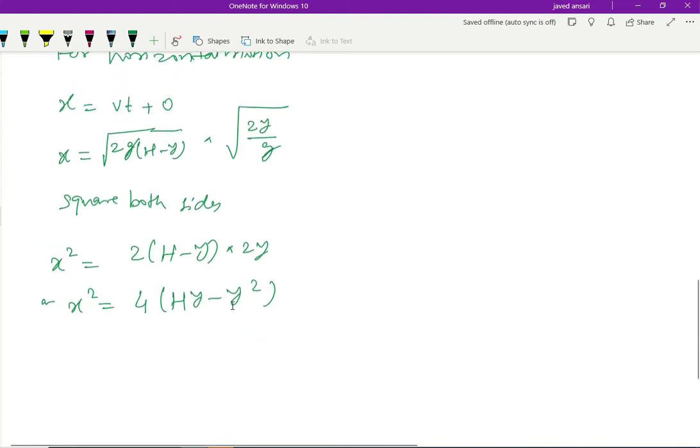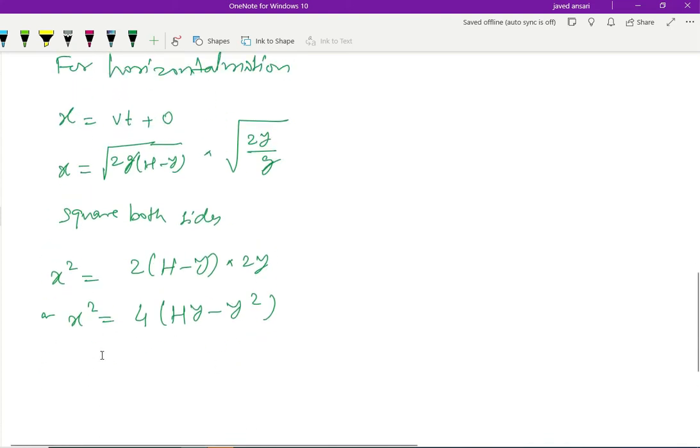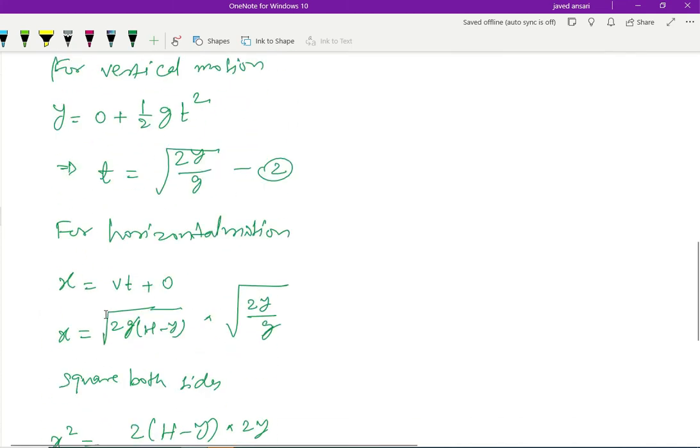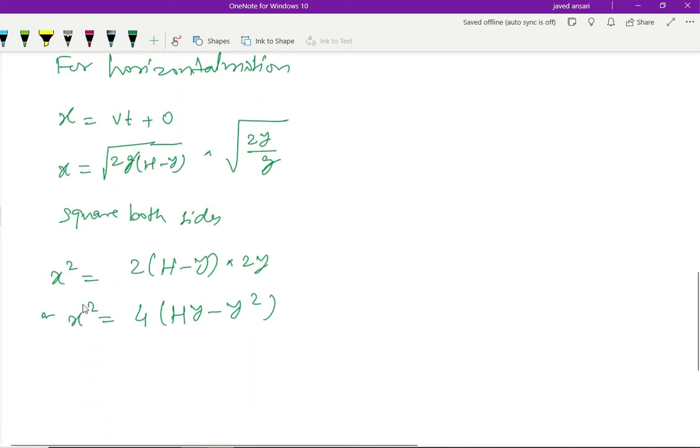Now this is the equation you got. In order to maximize x, what should we do? We know from mathematics that if dx by dy is 0, there will be either a maximum or a minimum value. Let's first differentiate, and we'll see later.